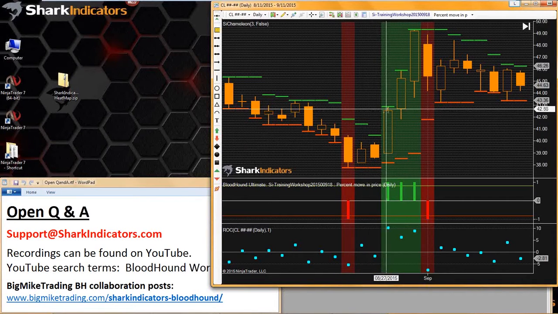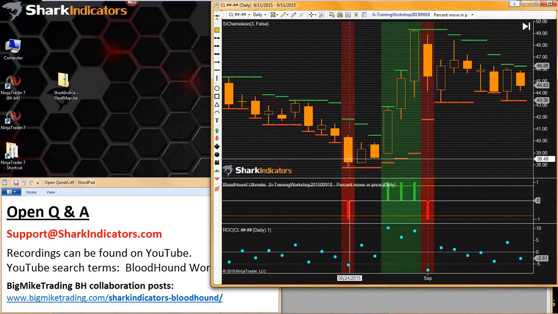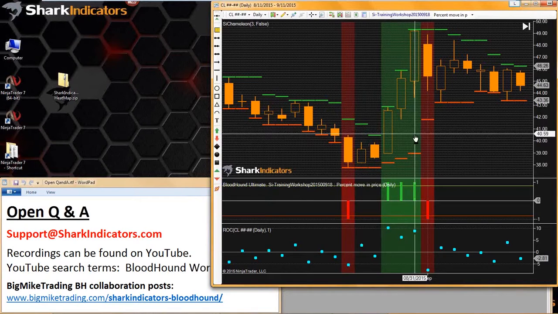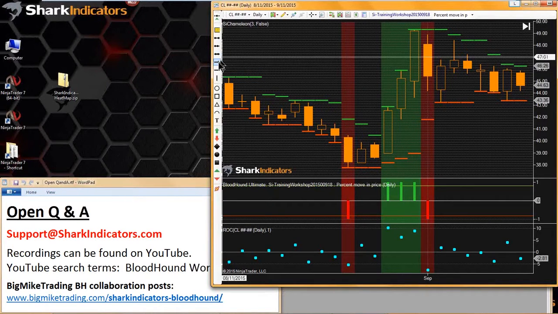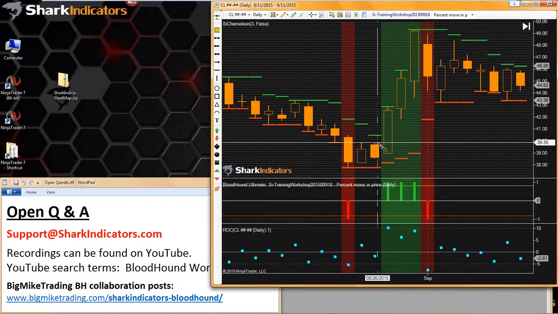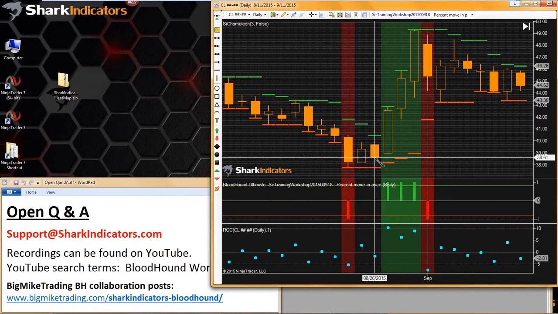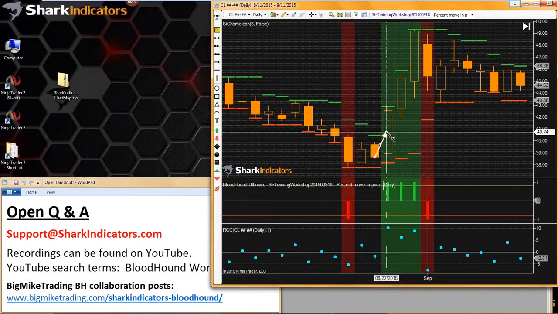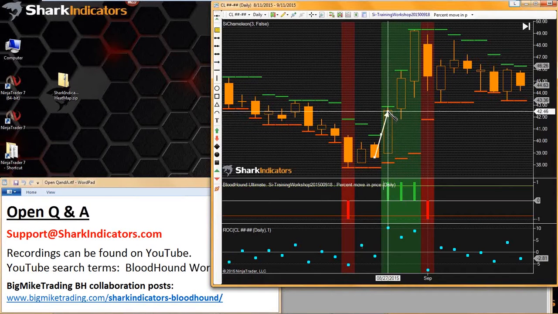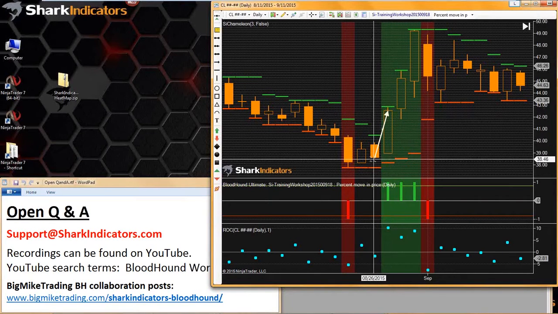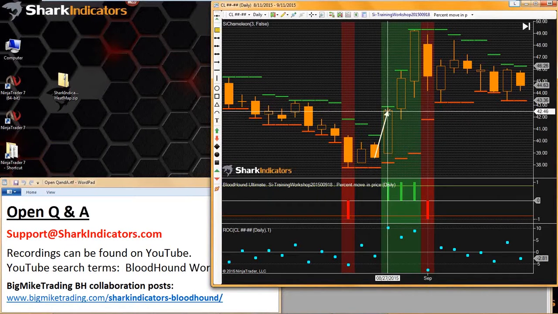Yeah, so on a daily basis, we can see if price had moved more than 5%. Let's draw this. I think the indicator is going to be measuring from that point to that point, right? The close of yesterday to the close of the next day.